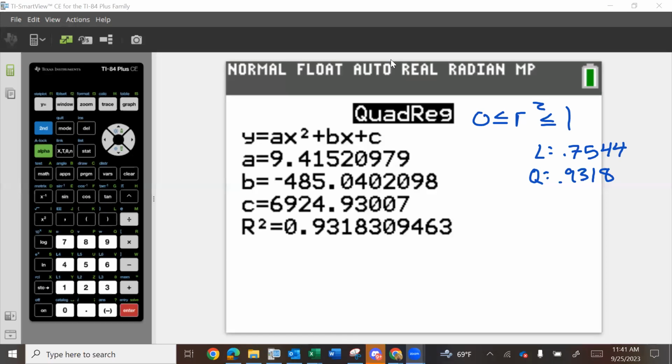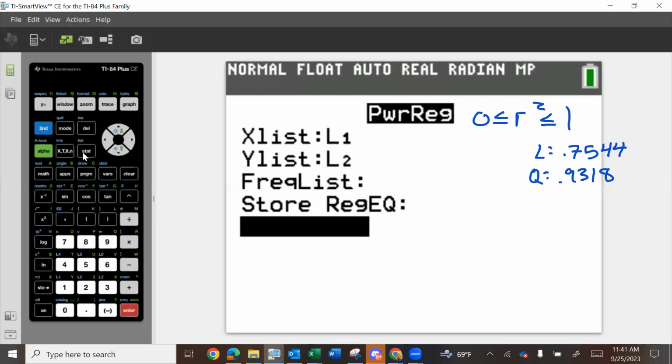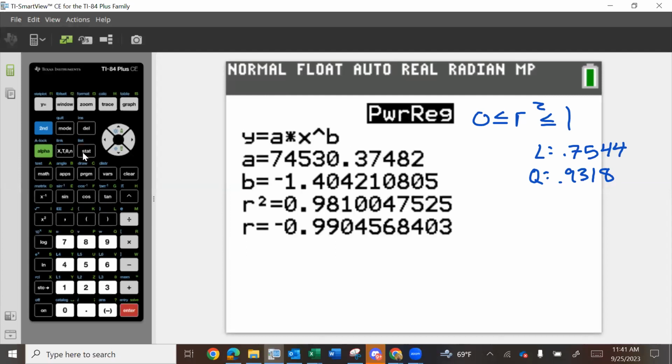Okay. And let's see. Let's go to power model. How do I do stat over? Power was what, like A or something? Okay. Ooh, that's higher. Okay, certainly. Let's see. So R squared is 0.9810. Okay.